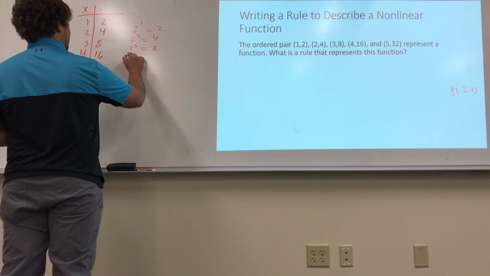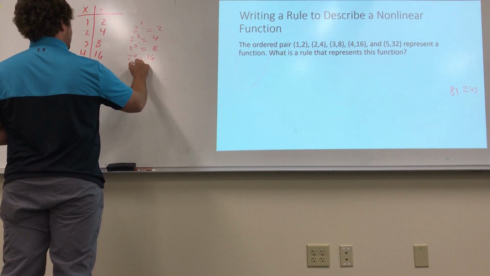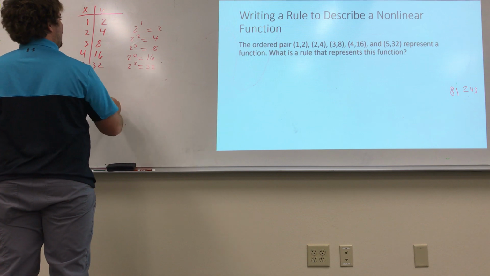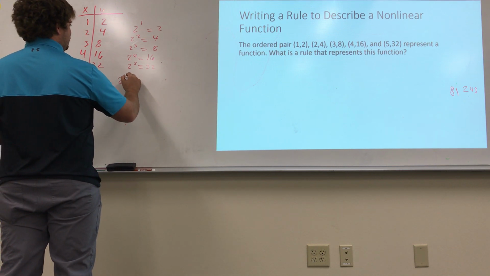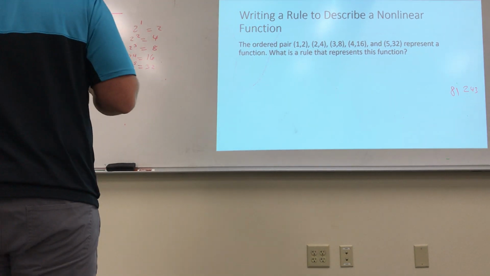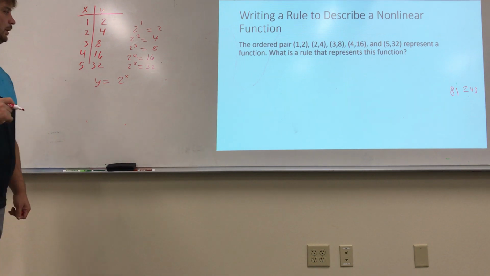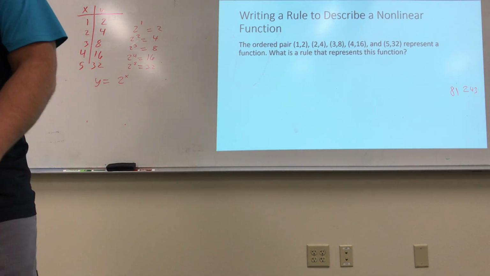Oh, that looks like it's working. 2 to the fourth equals 16. 2 to the fifth equals 32. I would say our rule is going to be 2 to the x power, if I was going to take a guess. So y is going to equal, I didn't finish my rule, I guess. y equals 2 to the x power.